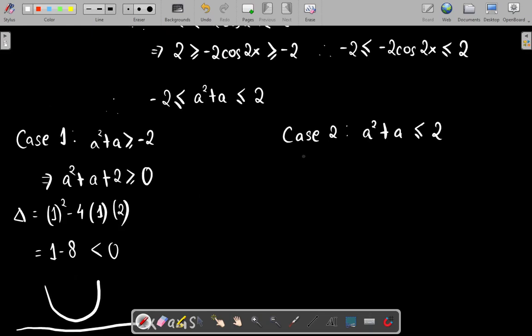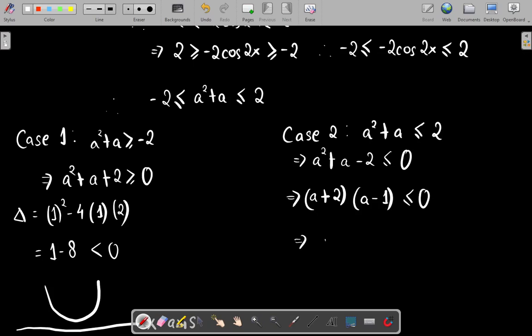So I will look at the other case to find any particular solution for a. If I take this to the other side, this becomes a square plus a minus 2 less than or equal to 0. If I factorize it, the product is minus 2 and the sum is 1, so I can write it as a plus 2 times a minus 1 less than or equal to 0.